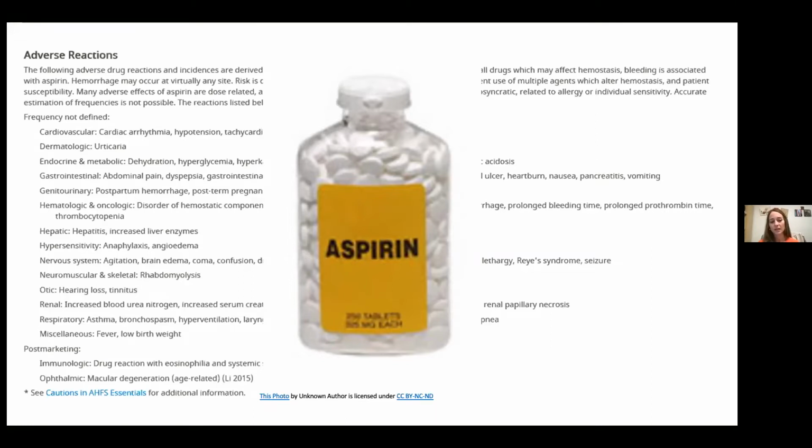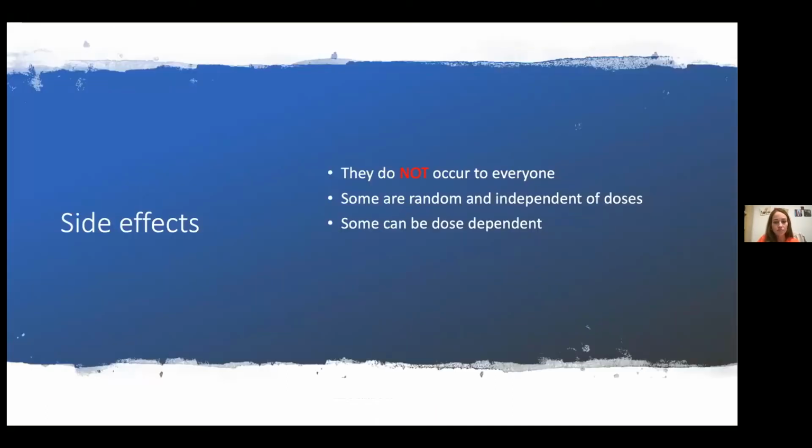And it doesn't mean that, from a lot of medications, I should say, not any, but we have to take that with a grain of salt and look at it in the context of the patient, their comorbidities, their risk factors, and all of that to really understand it. And side effects do not occur to everyone.